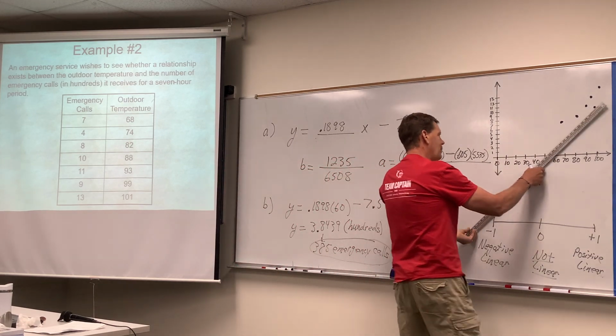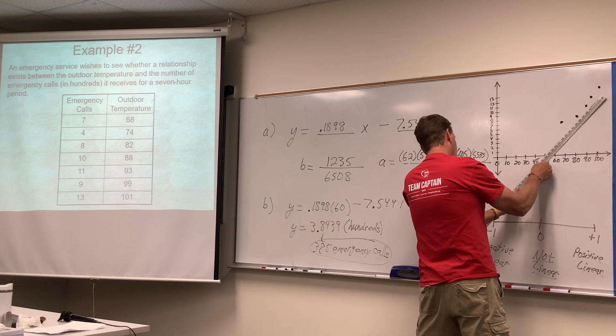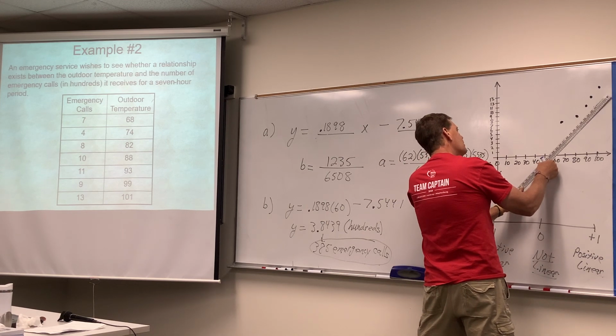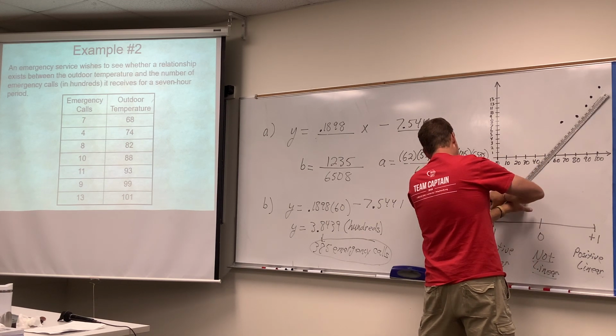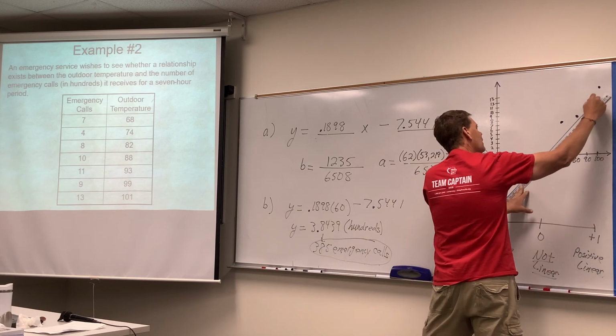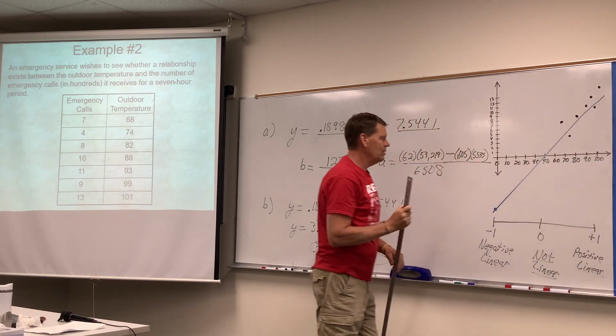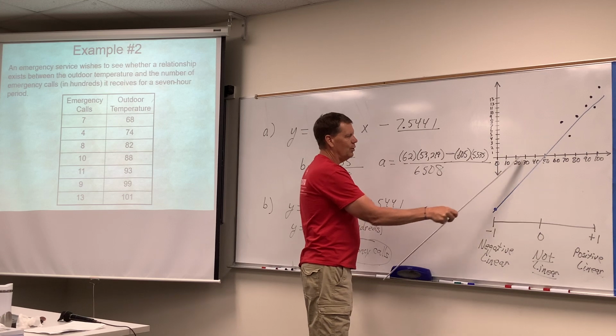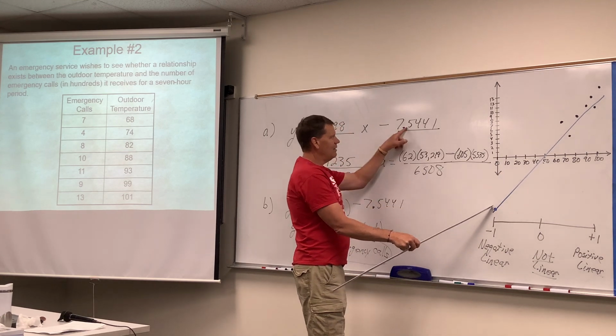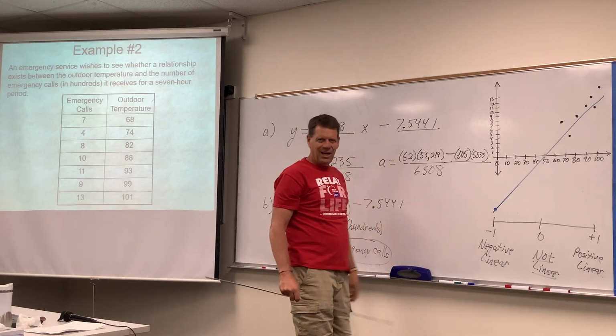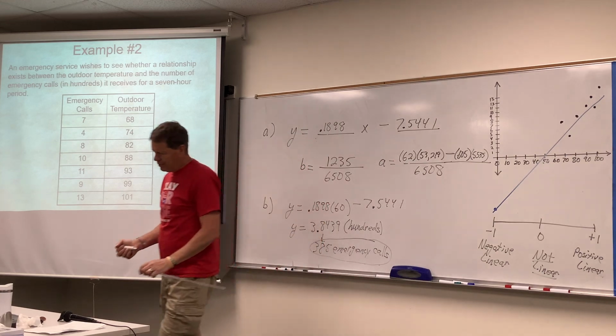And you would eventually, from that y-intercept, run through those data points. But here's the thing that I guess I would just throw out there. So you're telling me, according to this model, if the temperature was 0 degrees, you're going to have about -750 emergency calls. How could you have a negative number of emergency calls?